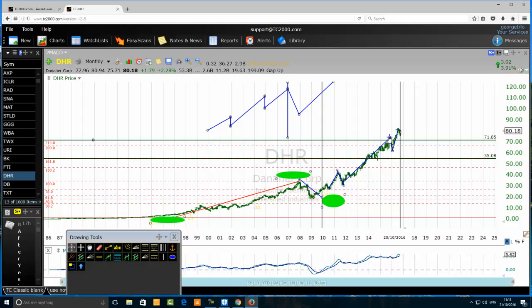Because on a daily chart, we are now in a third Elliott wave. If we go to the lower time frame, we see another third Elliott wave. We can expect that third Elliott wave to be extended, because that third Elliott wave is an internal wave of a bigger third Elliott wave.